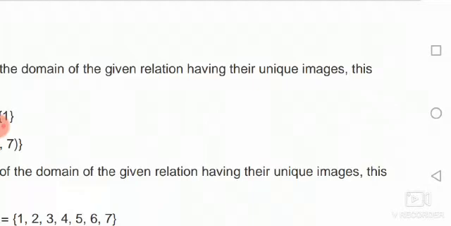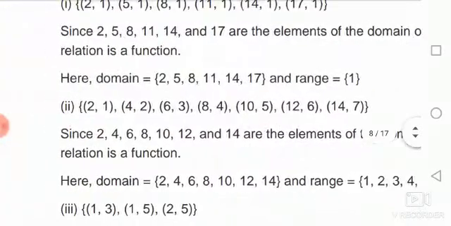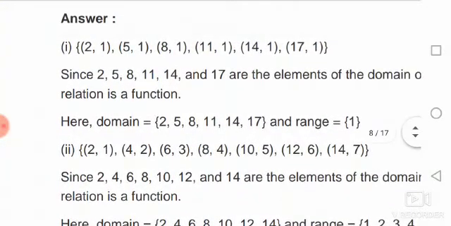This relation is a function because every element of the domain has a unique image in the codomain set, and the unique image is 1. Therefore, this relation is a function.